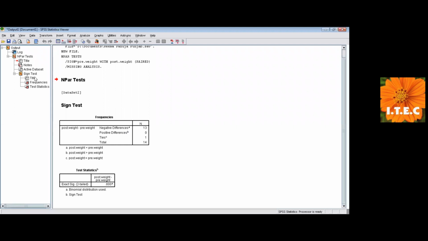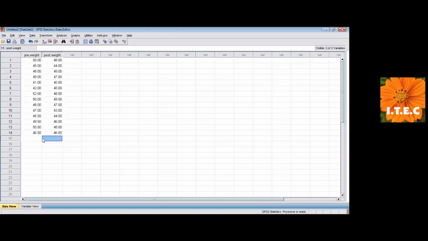Let us have another data. I have the data for 18 people, because then you can use Wilcoxon also, and let us see what will be the answer.